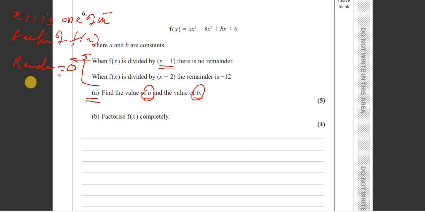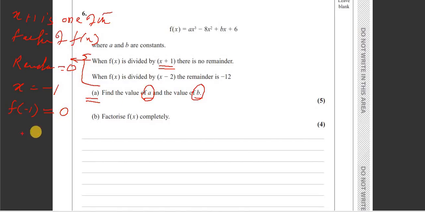Remainder is 0 means if you put x equal to minus 1, look at this expression, this is x plus 1, and if you put x equal to minus 1 in the function in place of x, that means if you do f of minus 1, you must get 0 because remainder is 0. This is the first condition that we can use to write our first equation.